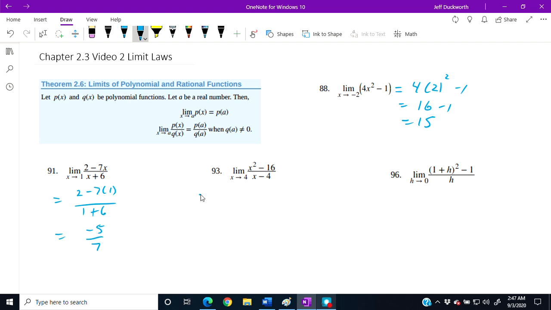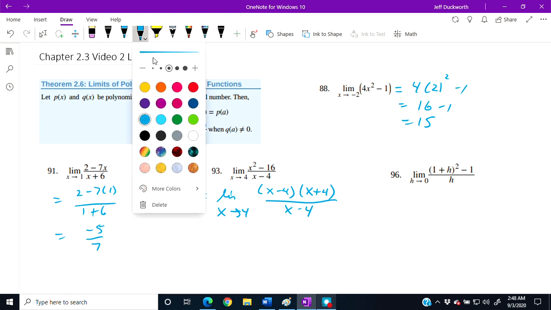So this actually equals the limit as x approaches 4. We have an x squared minus a squared. 16 is 4 squared, so this is actually x minus 4 times x plus 4. And now I'm able to just cancel.